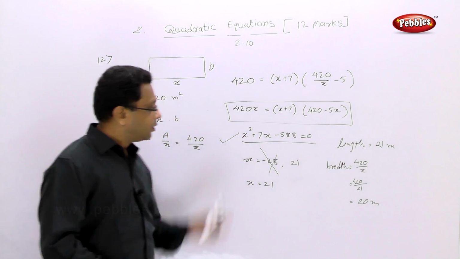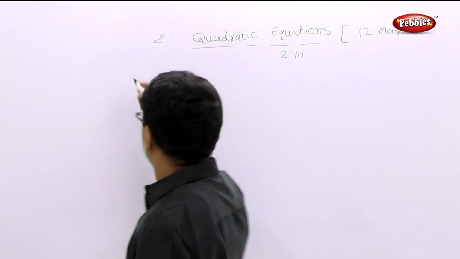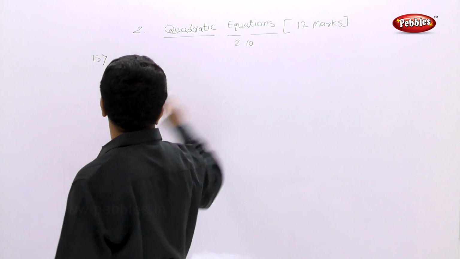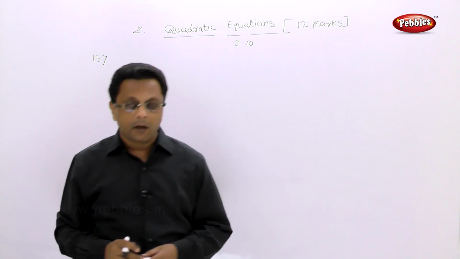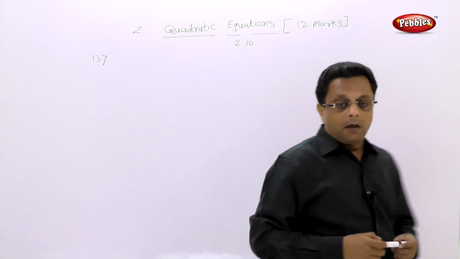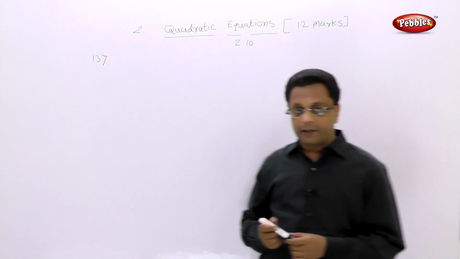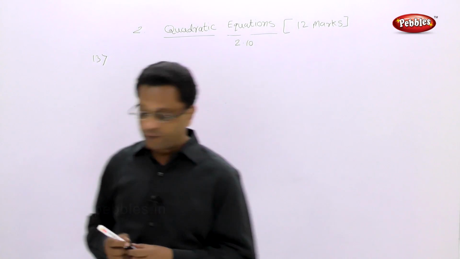Okay. Now we are going to solve example number 13, the last example of 2.10. Now in this case, the example is little bit complicated. Let us read the example first.